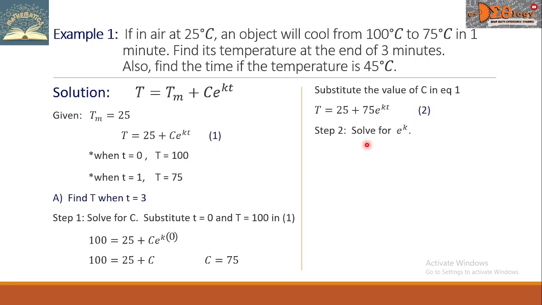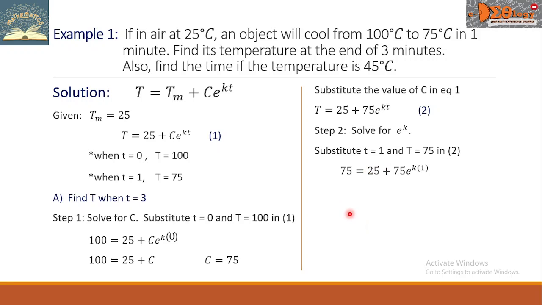We regard this now as equation number 2. Step 2, let us solve for e raised to k. We are going to substitute t equals 1 and capital T equals 75 in equation number 2. So it becomes like this: 75 equals 25 plus 75 times e raised to k times 1. The number 25 here, we will transpose to the left side.